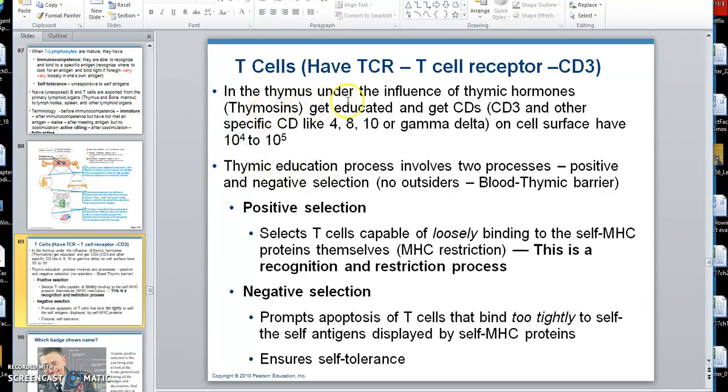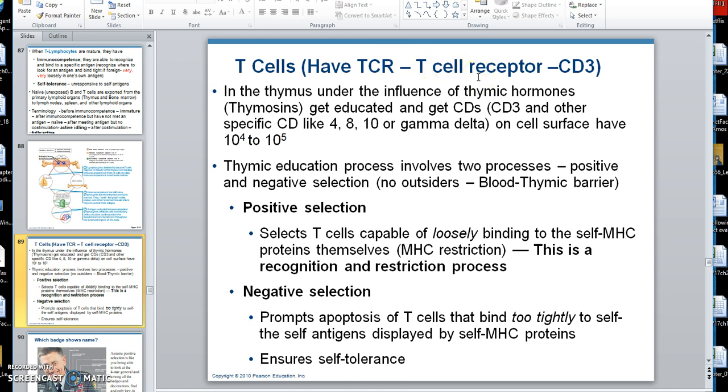So the thymus gland gives you all of these credentials. Now when you get in there, it's going to give you a CD3. A CD3 says you are a T cell. A CD3 is called a T cell receptor, on the membrane, and you'll have thousands of these on every cell.